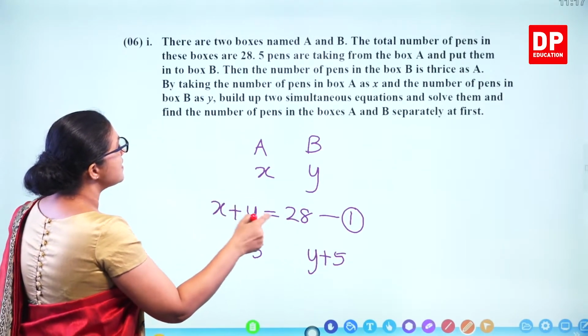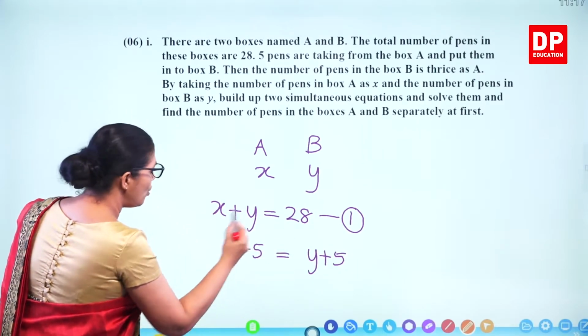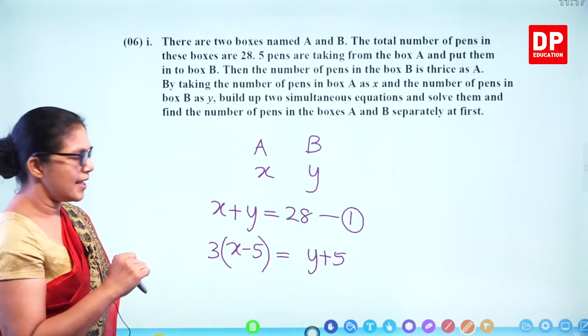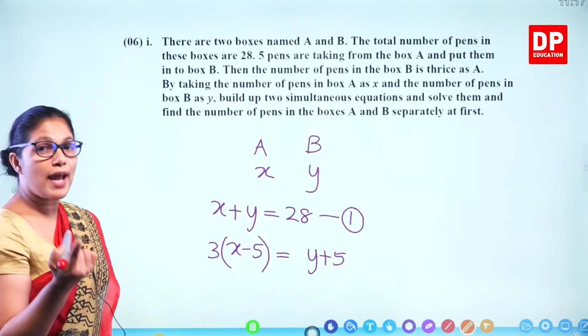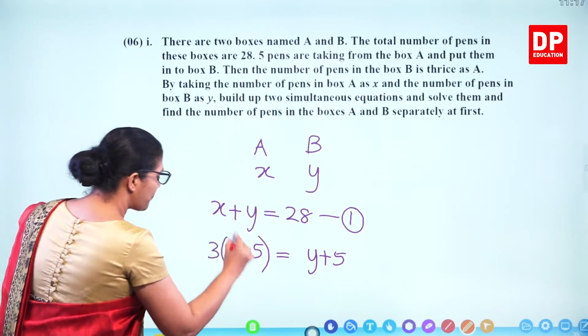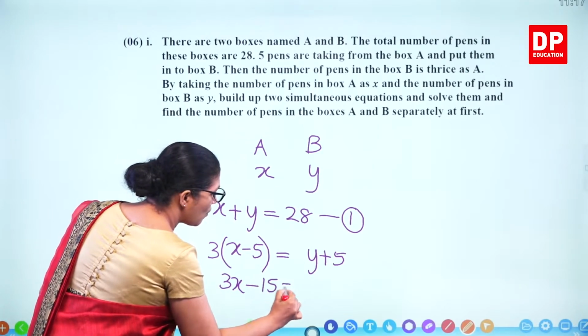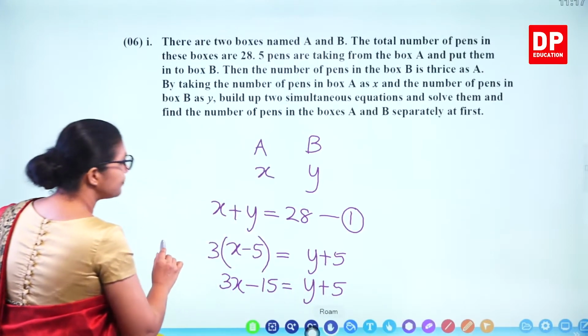So it says the number of pens in box B is equal to thrice the number of pens in box A. 3 times. That's your second equation. Now you can expand it and simplify. 3x minus 15 equals y plus 5. So what's the equation?